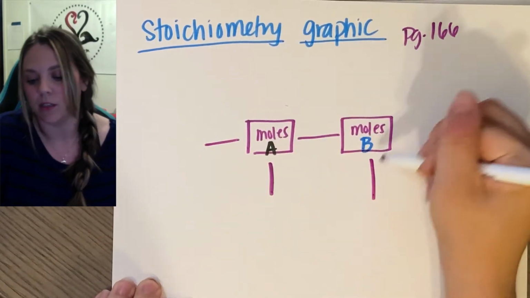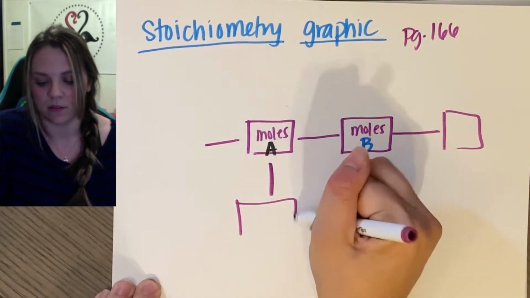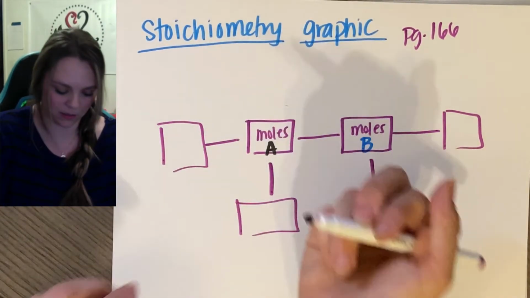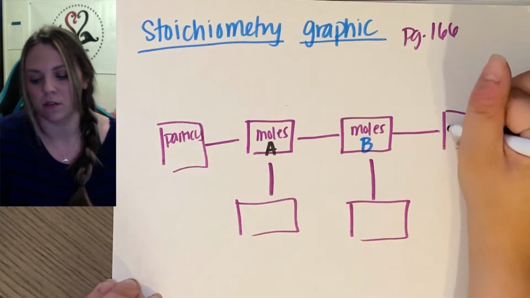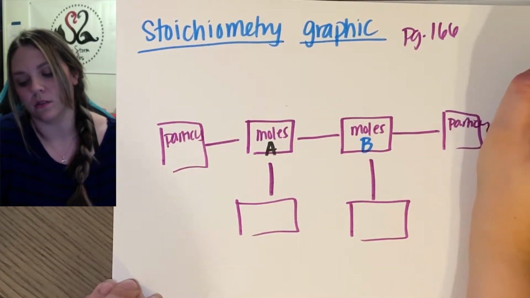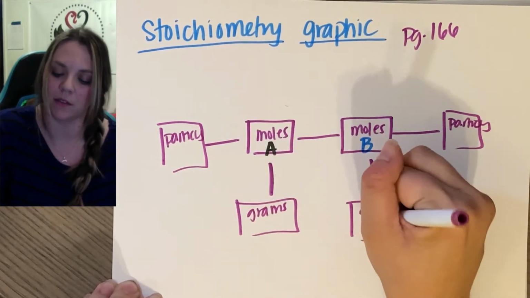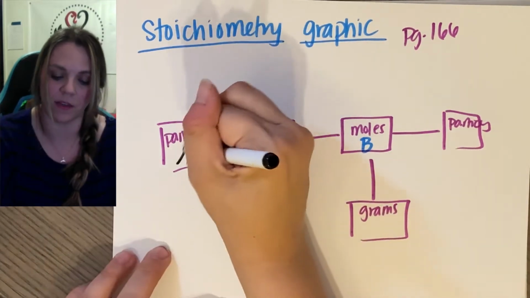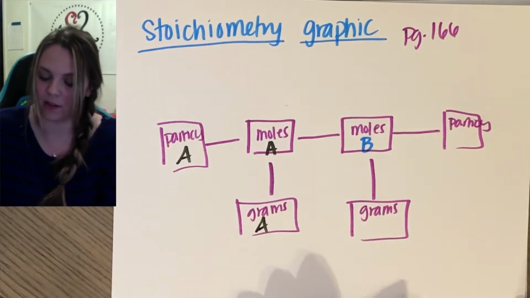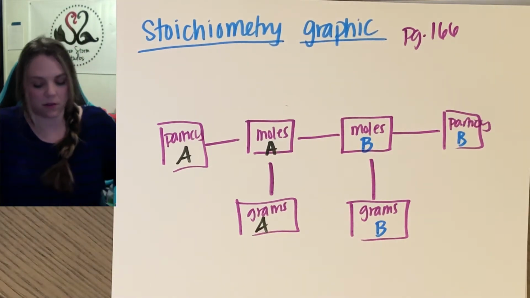And then they branch these guys out to have other boxes, to have particles, or grams, some mass down here. This will all be of part A. This would be of substance B.